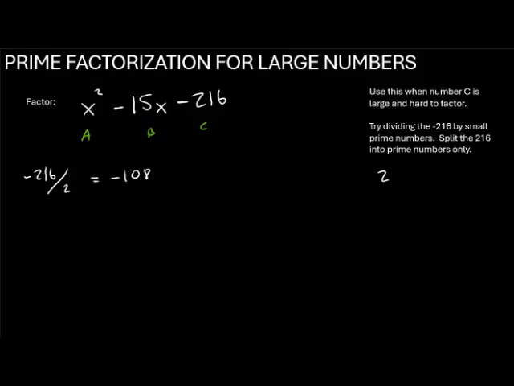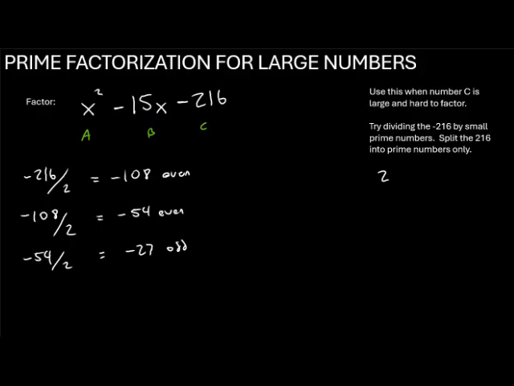Now, negative 108 is an even number, and because that's an even number, we could continue dividing by 2. If we take negative 108 divided by 2, we will get negative 54. This is still an even number, so let's do this one more time. Negative 54 divided by 2 gives us negative 27. This is an odd number and cannot be divided by 2 any further.